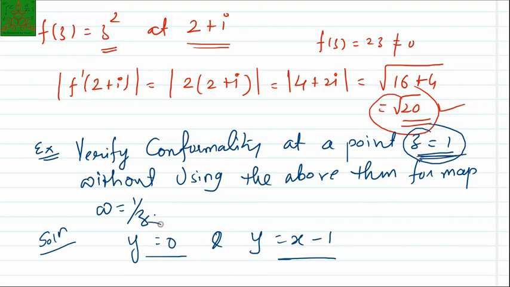Now let us find the image of y = 0. First of all, I need the real and imaginary parts of this function.